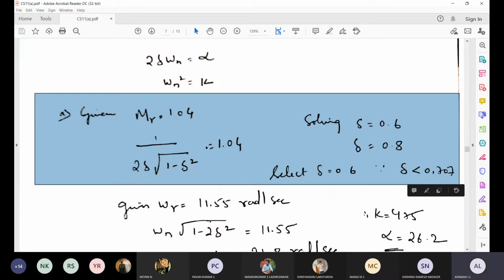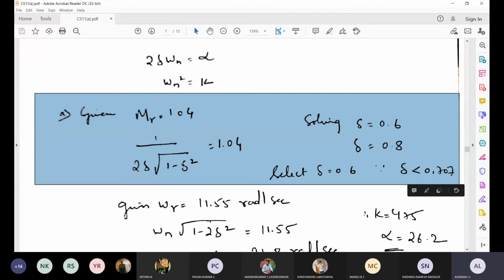Once you have written this, Mr equal to 1 divided by 2 delta into square root of 1 minus delta square, equal to 1.04, which they have given. Now you do the cross multiplication and the mathematical steps. You will get two values of delta.